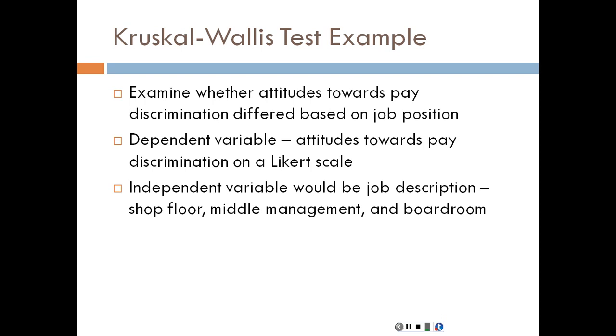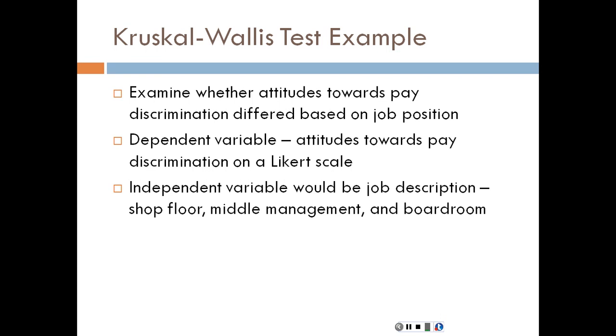We have those who work on the shop floor, those who are middle management, and those who are in the boardroom. We would like to examine whether their attitudes towards pay discrimination are different. And we can do this by using a survey with Likert scale items from strongly disagree all the way to strongly agree.